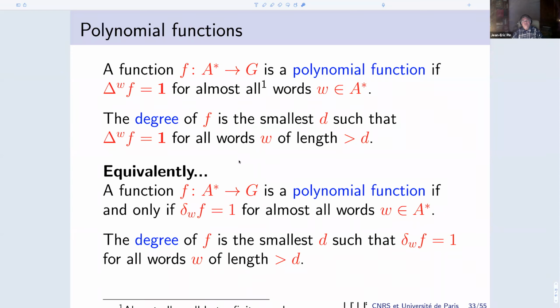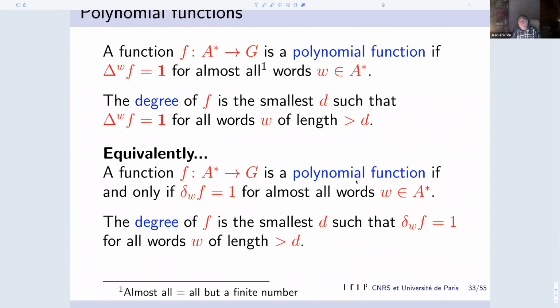A function is a polynomial function if and only if you have this property. So in reality, you don't really need the addition with the multiplication. And this is a perfectly correct way to do. Well, of course, you may object, this is not really a polynomial, but it plays this role, at least for this lecture.